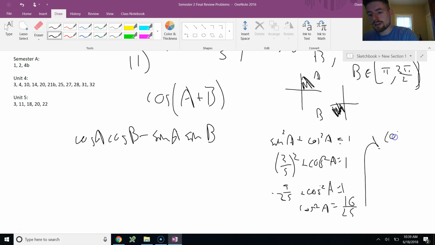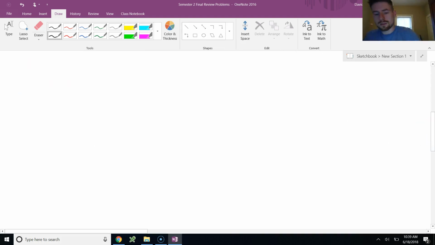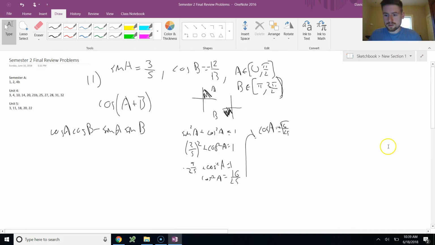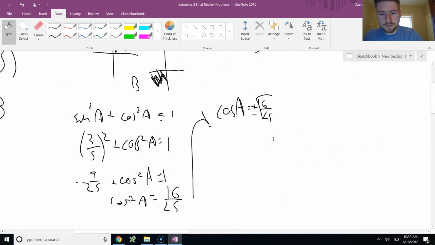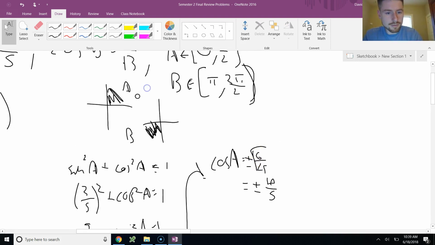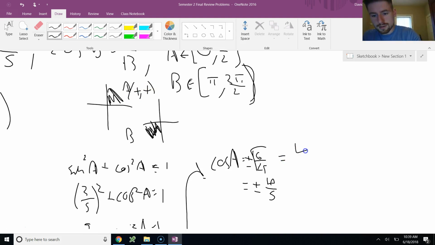Finally, cosine of A is plus or minus the square root of 16 over 25, which is equal to plus or minus 4 over 5. And since A is in quadrant 1, we're positive, positive. So cosine A is positive 4/5.